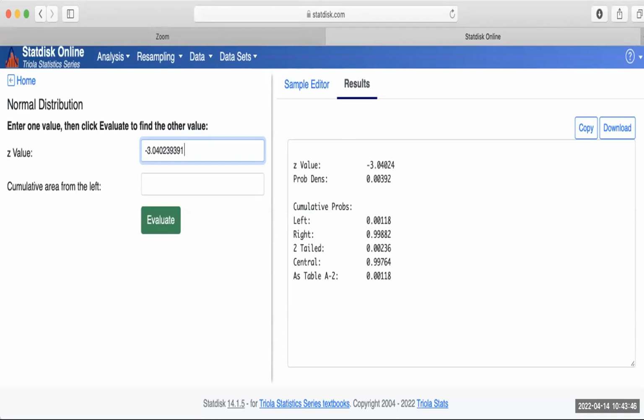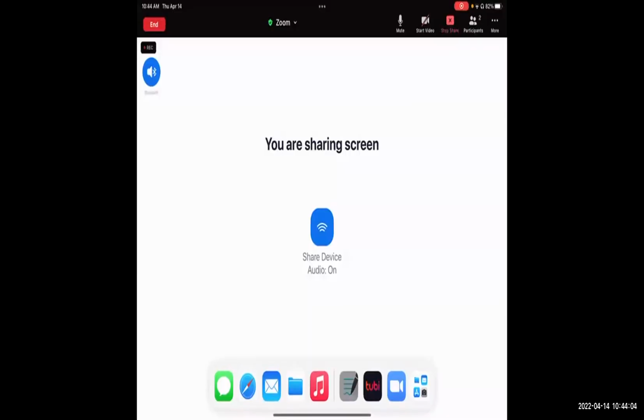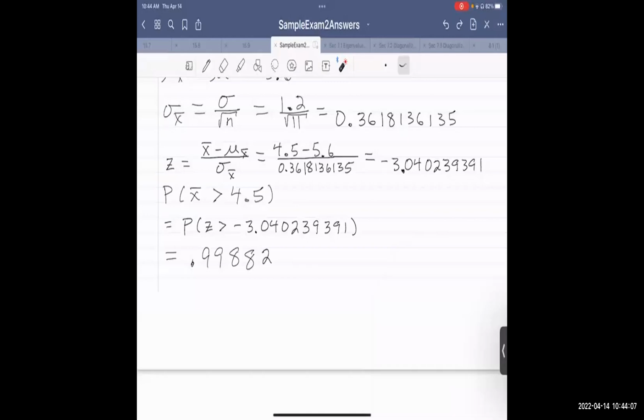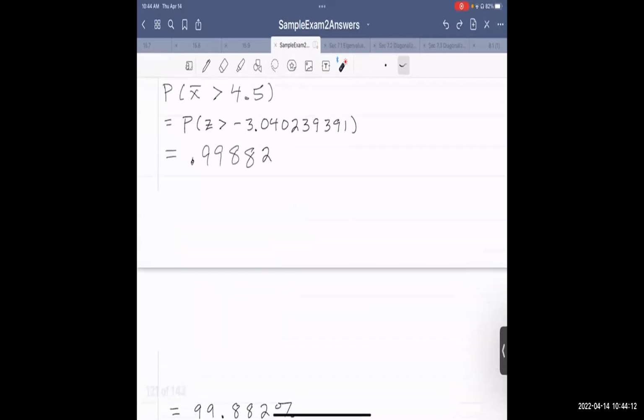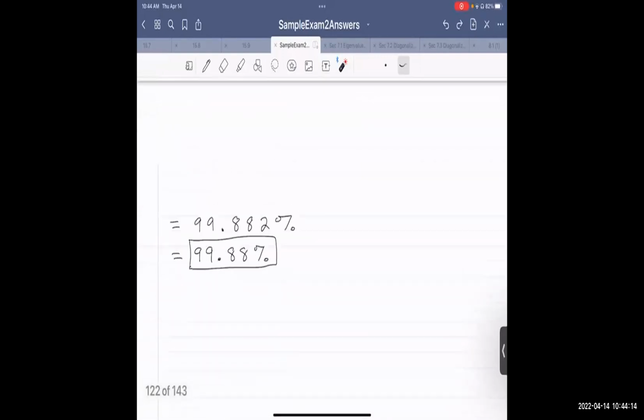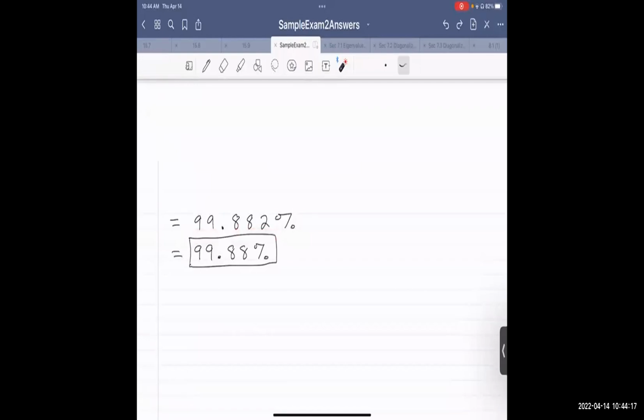And if I evaluate that, I get that the area to the right is 0.99882. Let me write that on a piece of paper. And so let me move my decimal place 2 places to the right. 99.882%, rounded to the nearest hundredth of a percent, 99.88%.